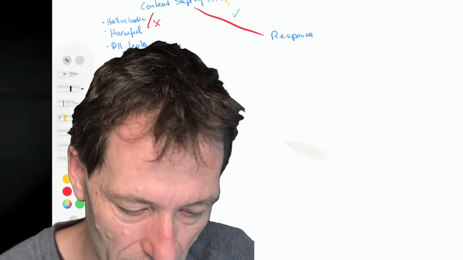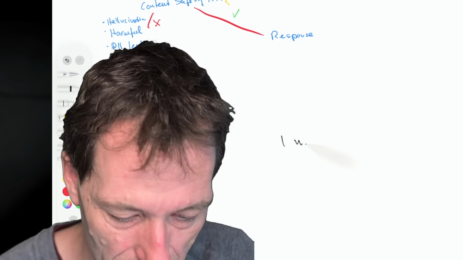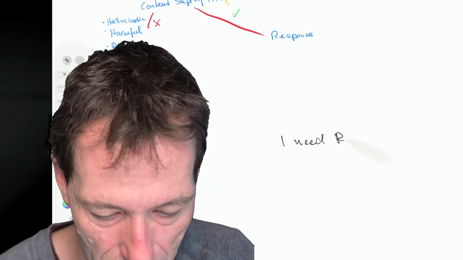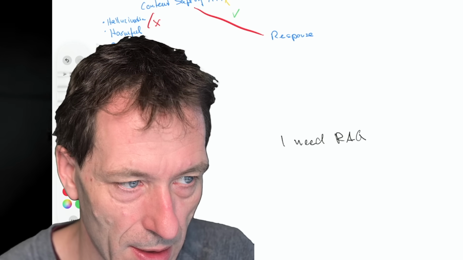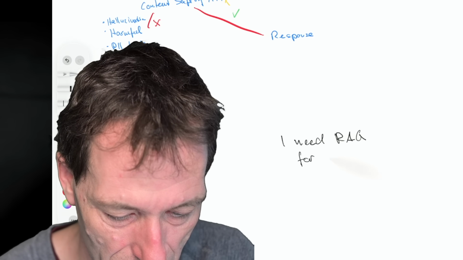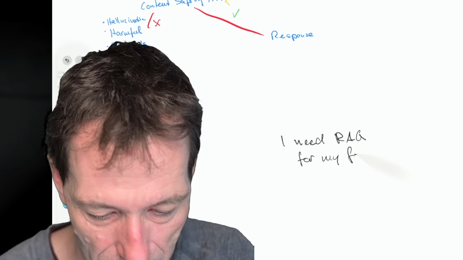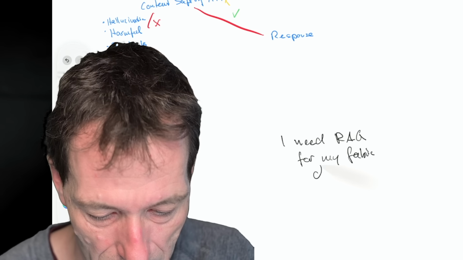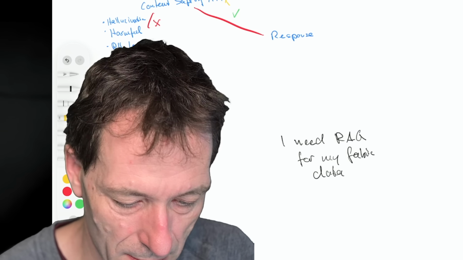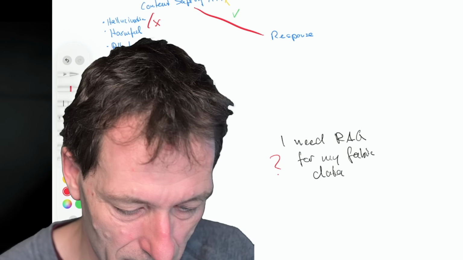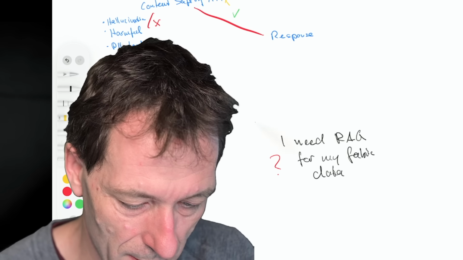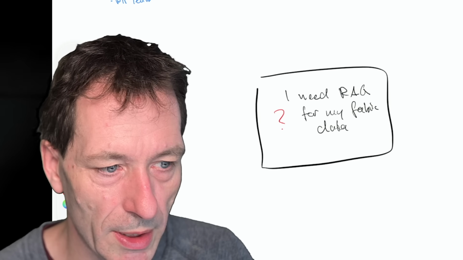So the question is, I need RAG for my Fabric data. That's a big question. Which way to go?